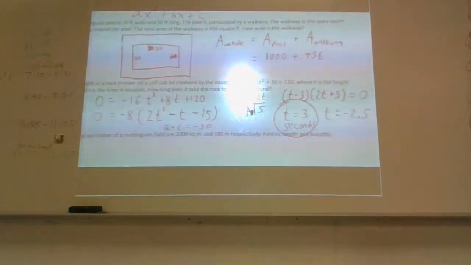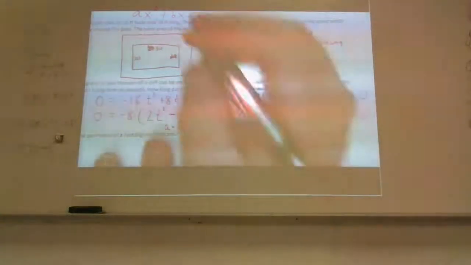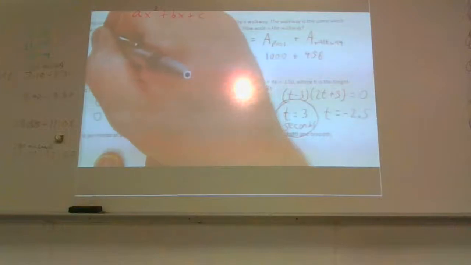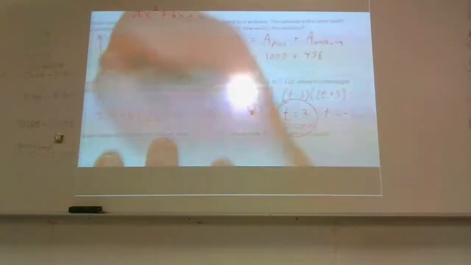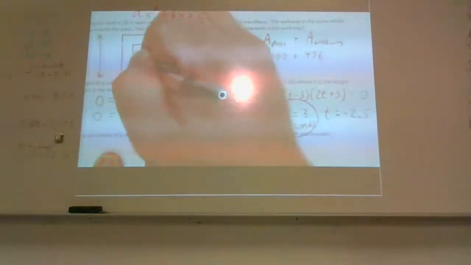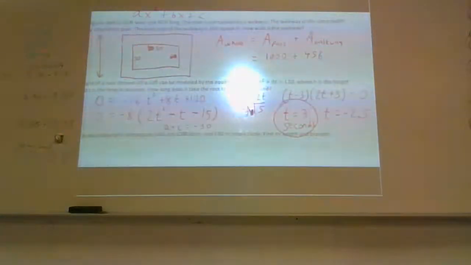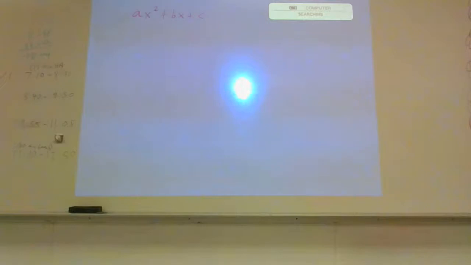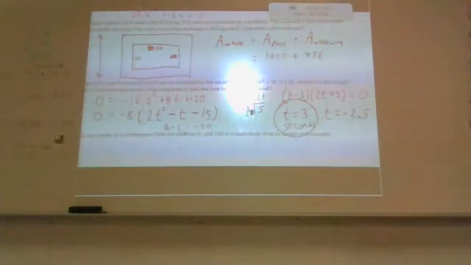Now, the area of the whole thing, this is where the beauty of the magic comes into play. And again, like I said, I'm not going to finish this. If you need a full explanation, there is a different problem explained in the video for the project.